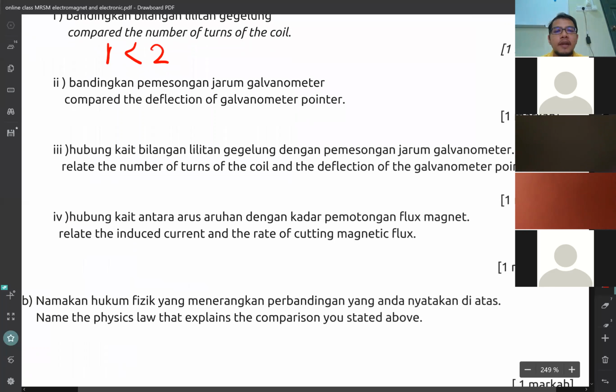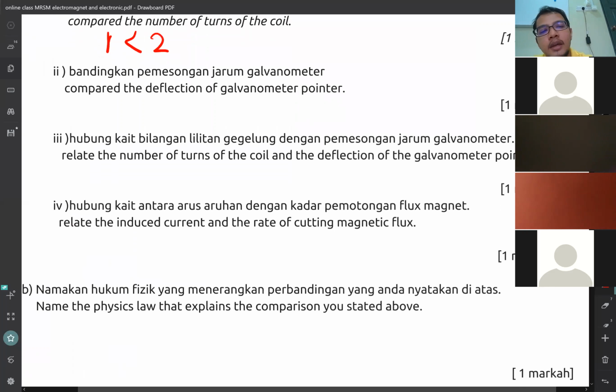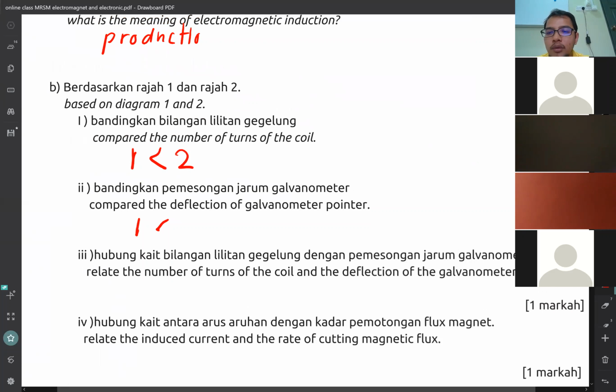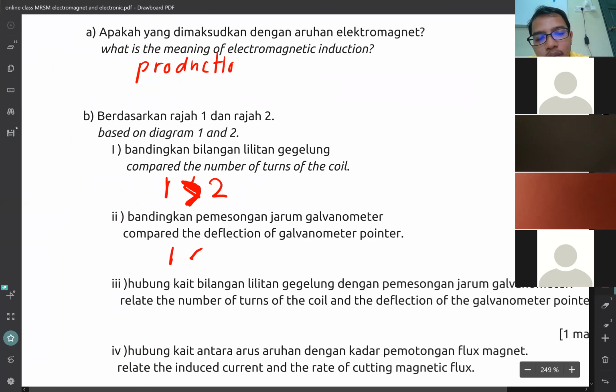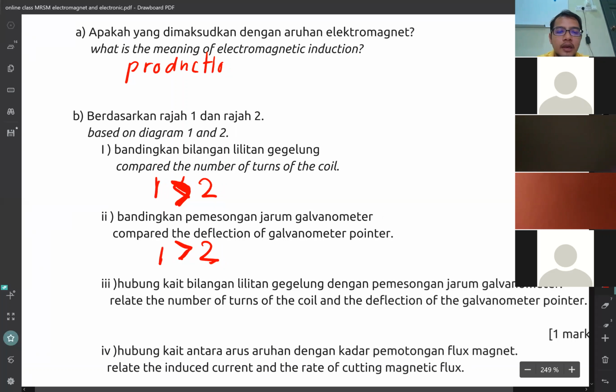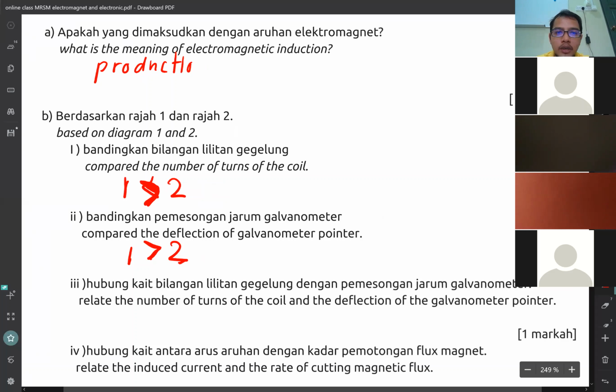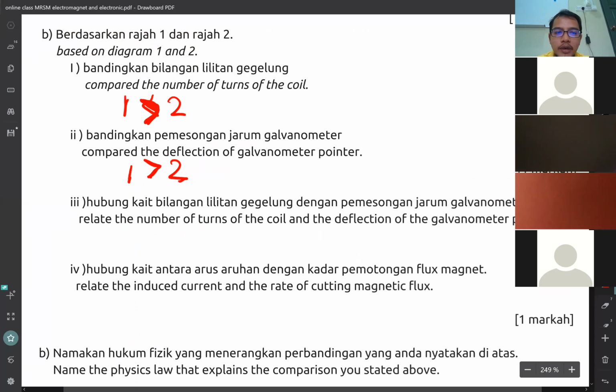Compare the deflection of the galvanometer: number 1 is bigger than 2. For comparing, please use the diagram. Look at it carefully. You see the difference.